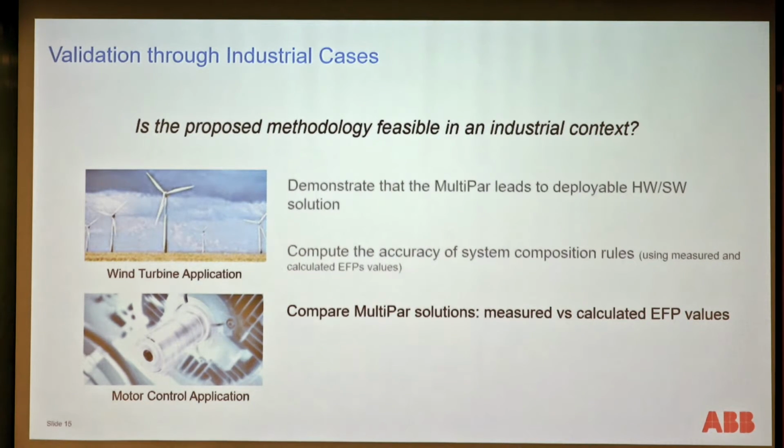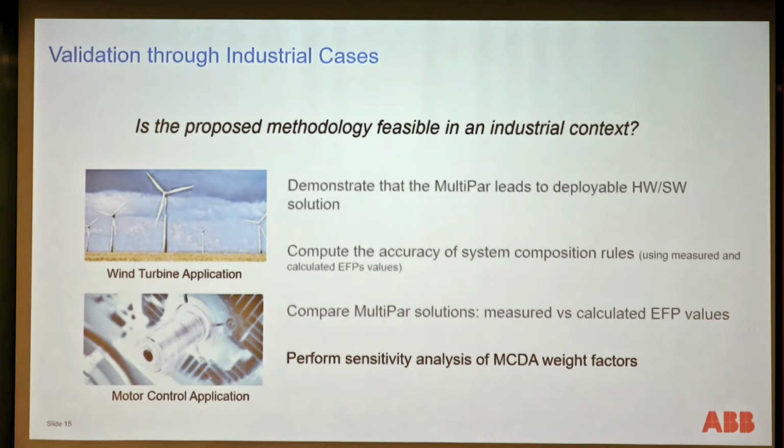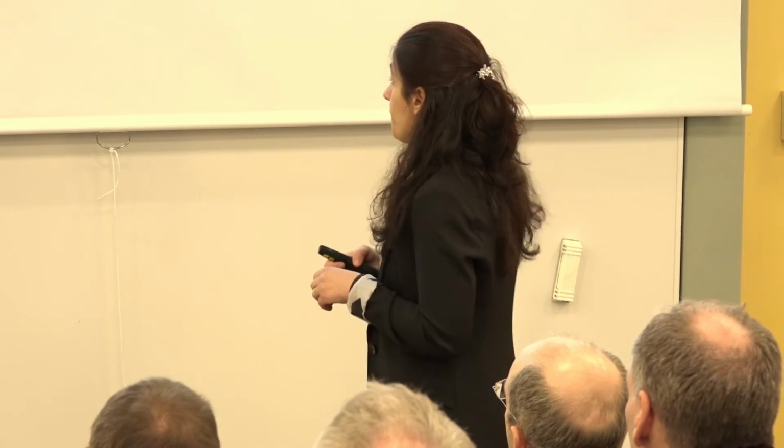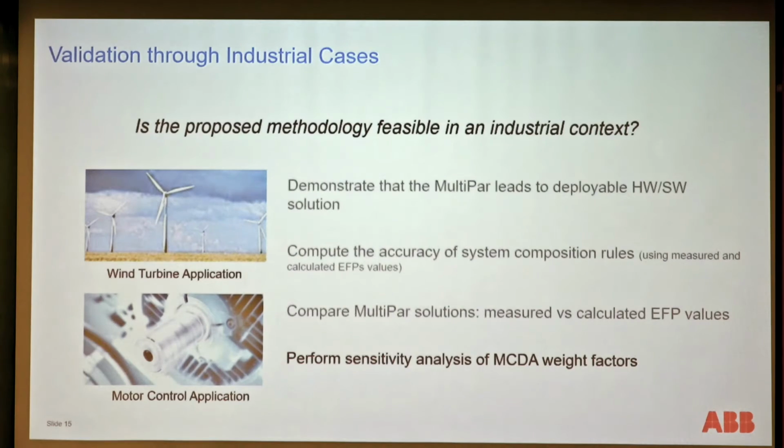So we compare this as well. And as the last part, we also perform a sensitivity analysis of the multi-criteria method with respect to the weight factors, which play an important role in the selection of the final solutions.